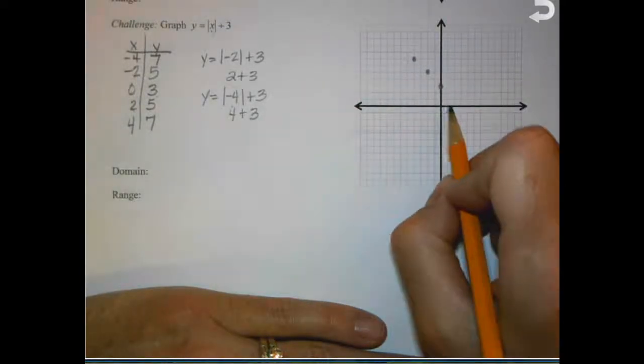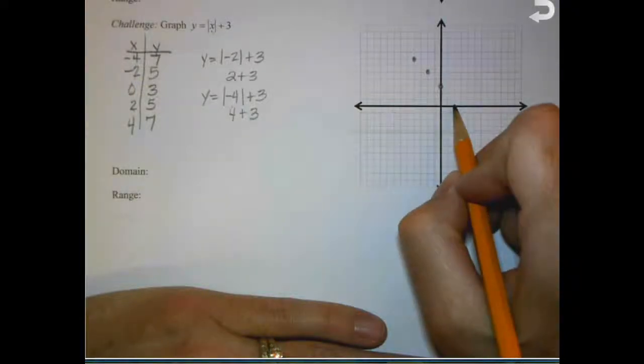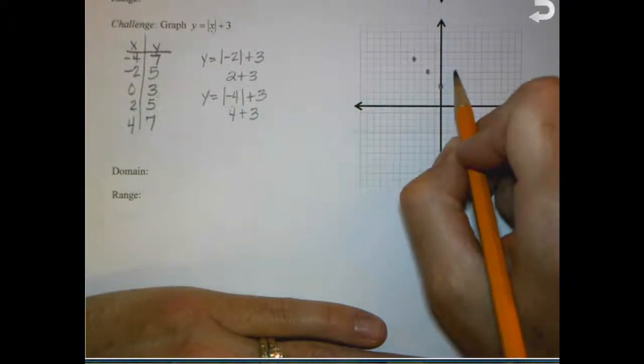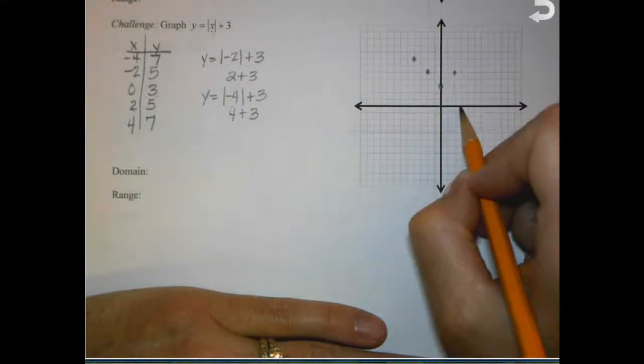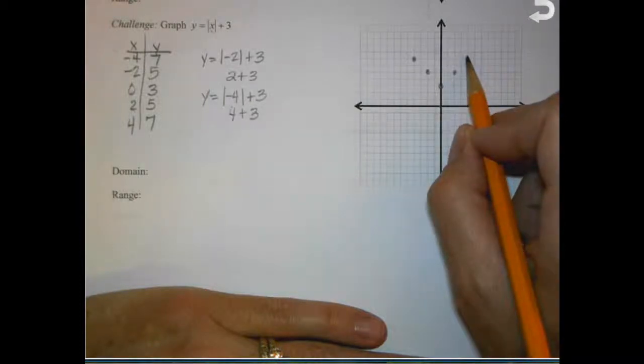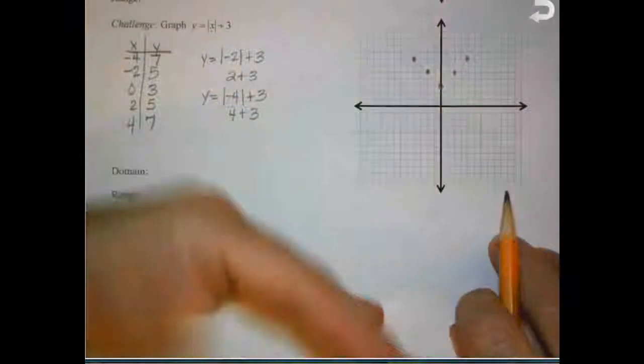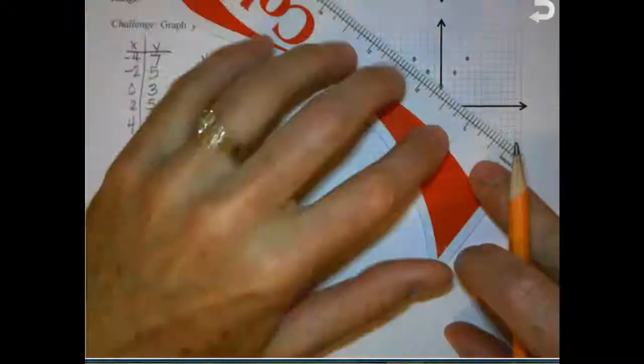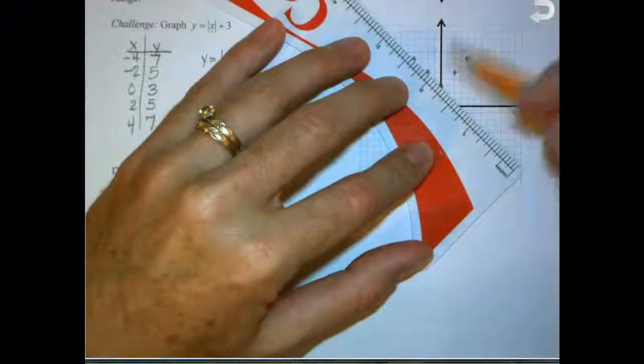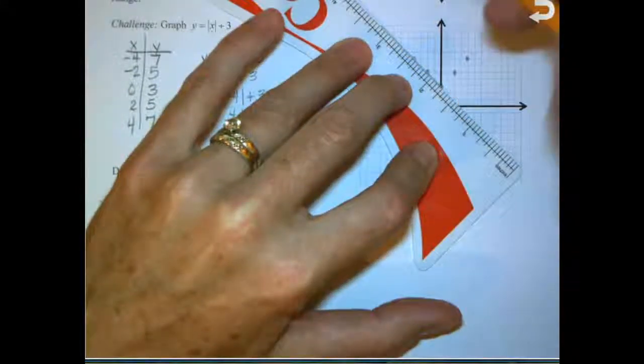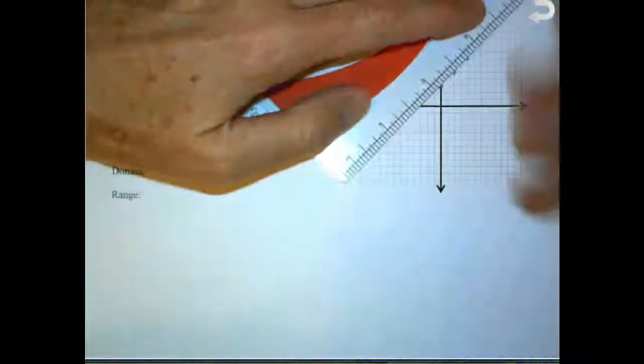And then in the positive direction at 2, I have to go up to 5 also, and at 4 I have to go up to 7 also. So this graph is shifted up from the x-axis 3 units.